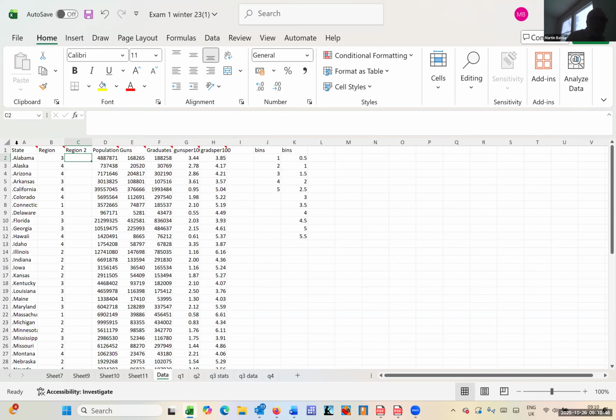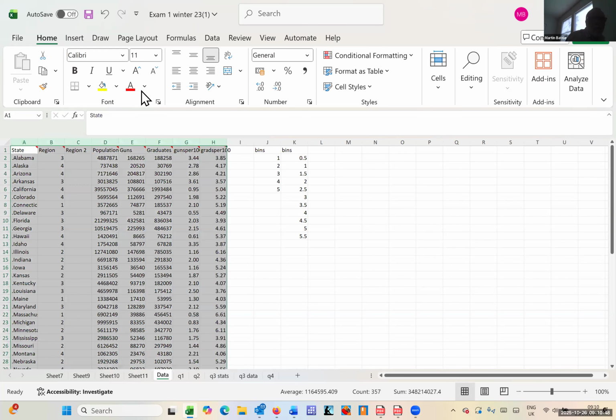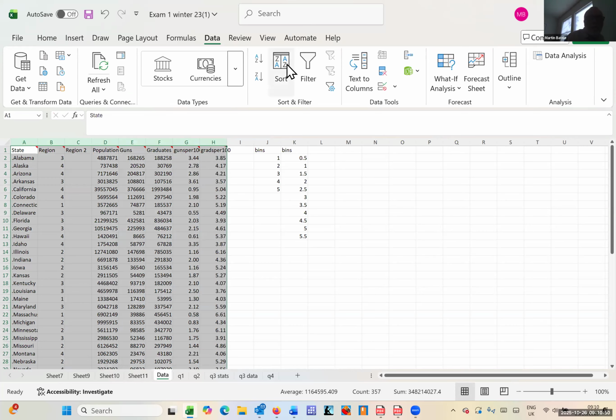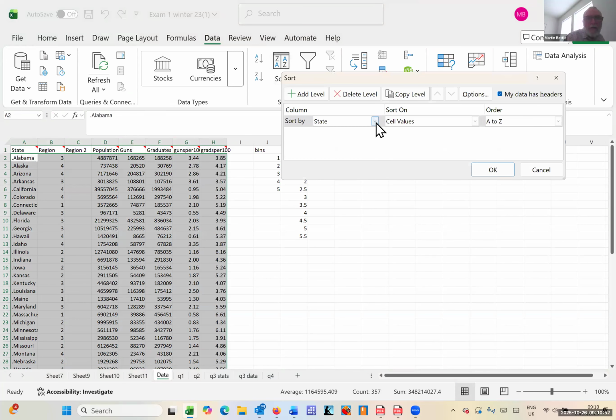So let me sort these three. Sort by region.